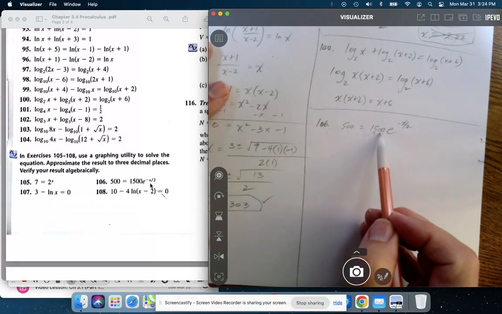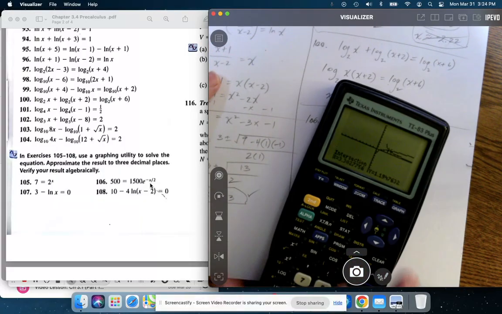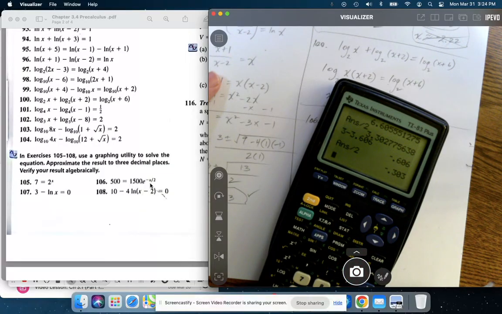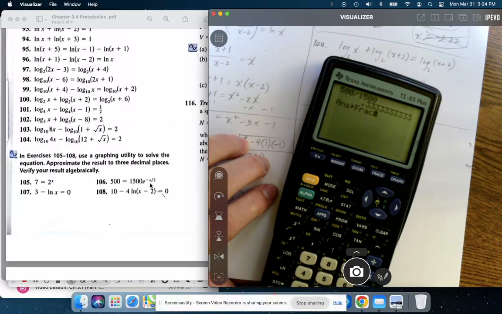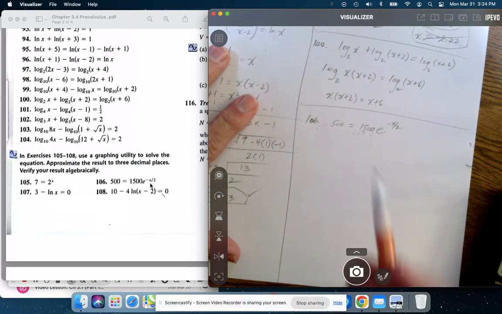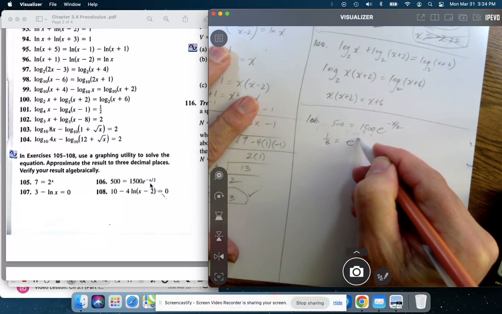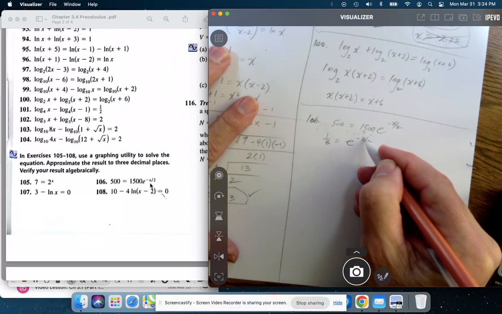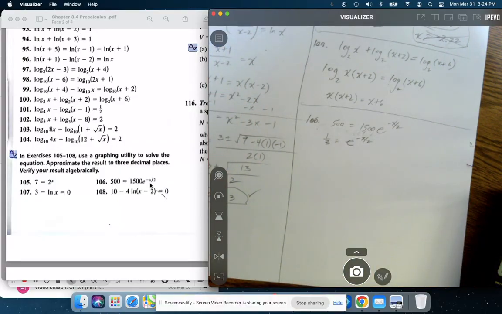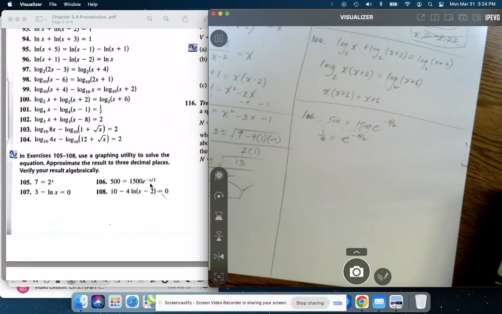So first thing I do is divide both sides by 1500. So 500 divided by 1500 is 1/3, right? Do math frac, it's 1/3. So this is 1/3 equals e to the negative x over 2. All right, so now you can switch this to a logarithm, right?